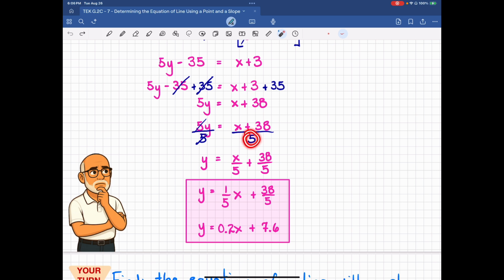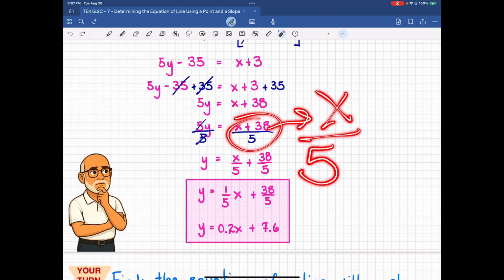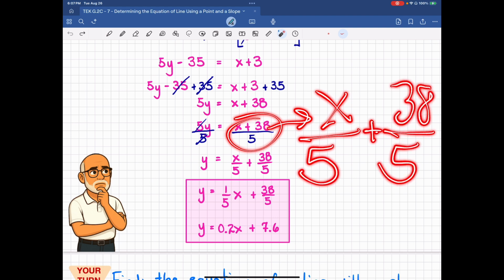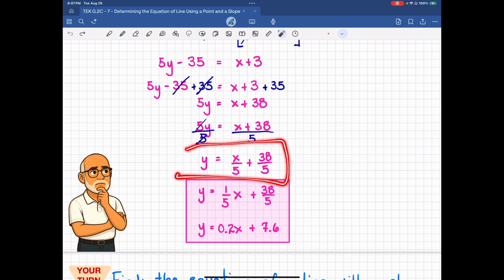We're going to take this denominator and put it under each one of these terms. So instead of it being x plus 38 over 5, I'm going to say it's x over 5 plus 38 over 5. And that's my next step here.